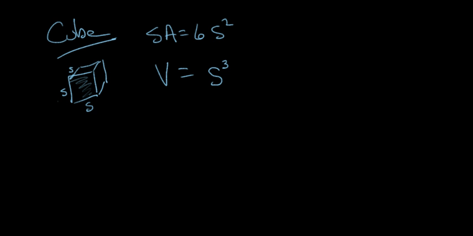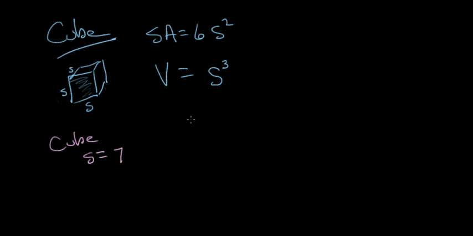And let's suppose you have a cube with side length 7. So what's the length? What's the width? What's the height? They're all 7. Remember, it's a cube. Side, side, side. They're all 7.